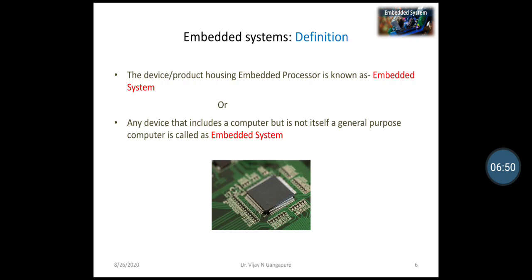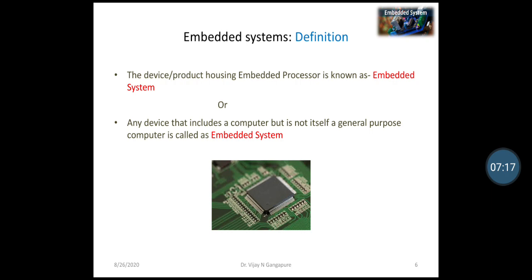Now let us define embedded system. There are so many definitions of embedded systems, but we are taking only two of these, which I feel suitable to explain or to define embedded system. The first definition is: the device or product housing an embedded processor is known as an embedded system.